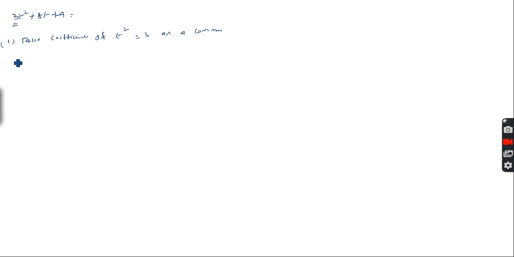So 3t square plus 8t plus 9, taking 3 as common, we get 3 times t square plus 8t by 3 plus 9 by 3. 9 by 3 is nothing but 3. Take this as equation number 2.